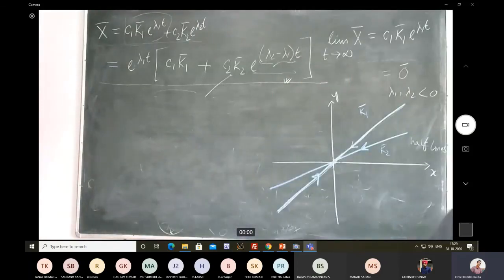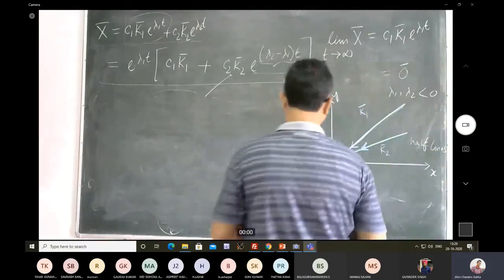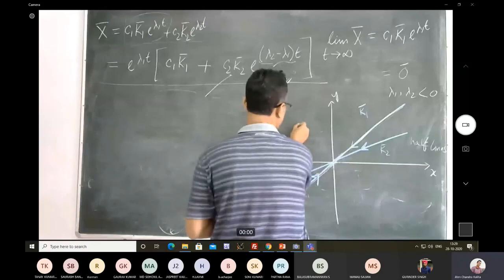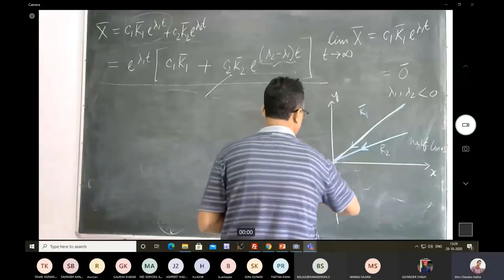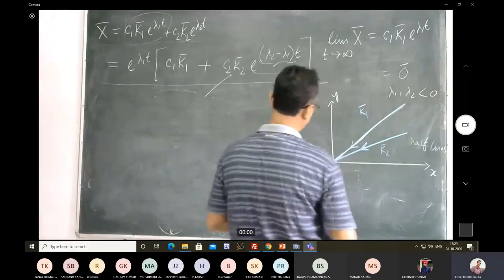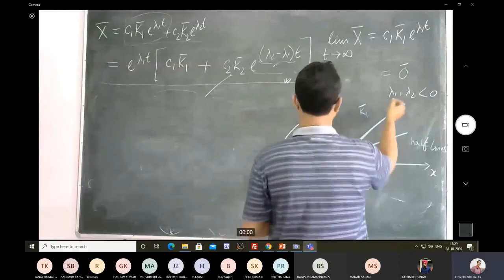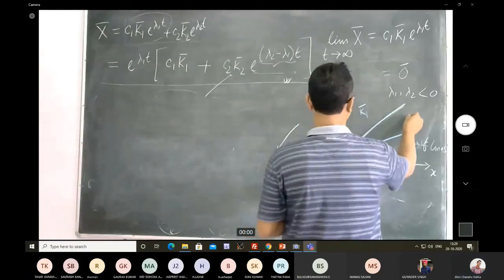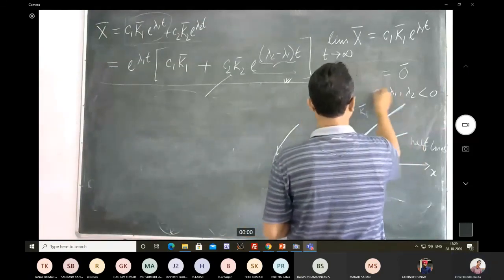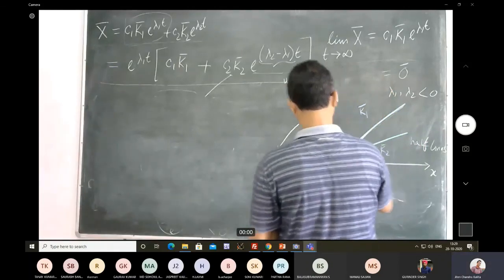I'm going to show it to you. So it is going to be something like this. See, if it is coming from that side, it is going to move towards this, like this. Then, if it is coming from this side, just a minute.